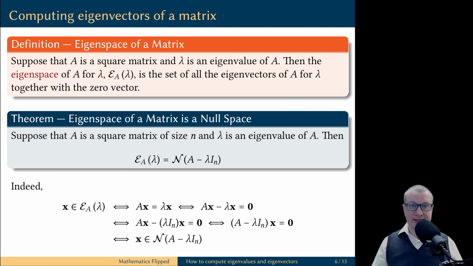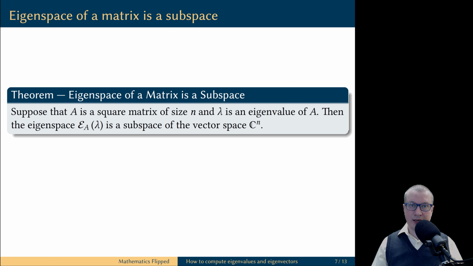Why? Because they have identical elements, and element x belongs to the eigenspace if and only if it belongs to the null space. Now, this tells us that the eigenspace is actually a subspace. That's why we call it eigenspace rather than eigenset.